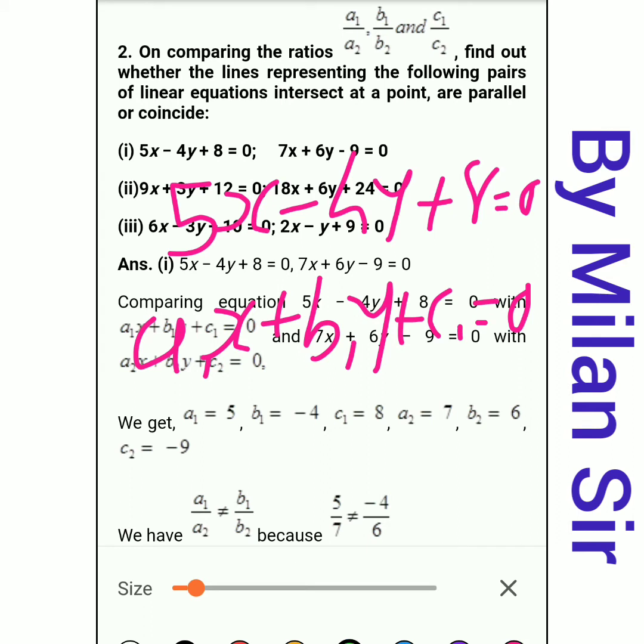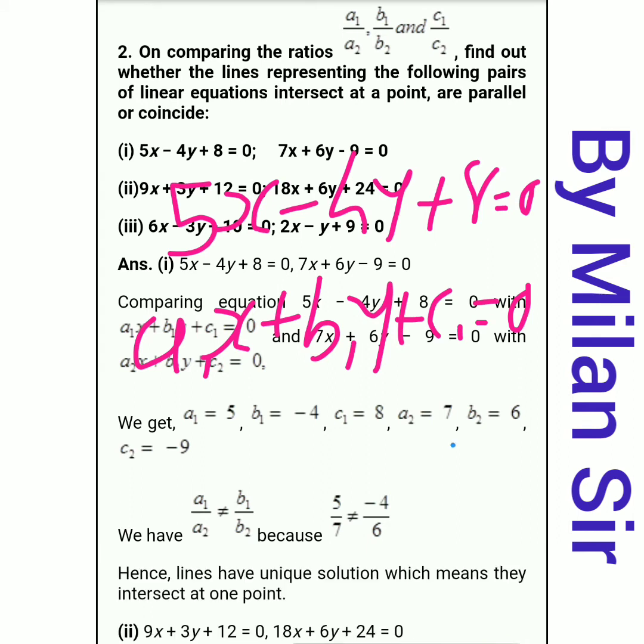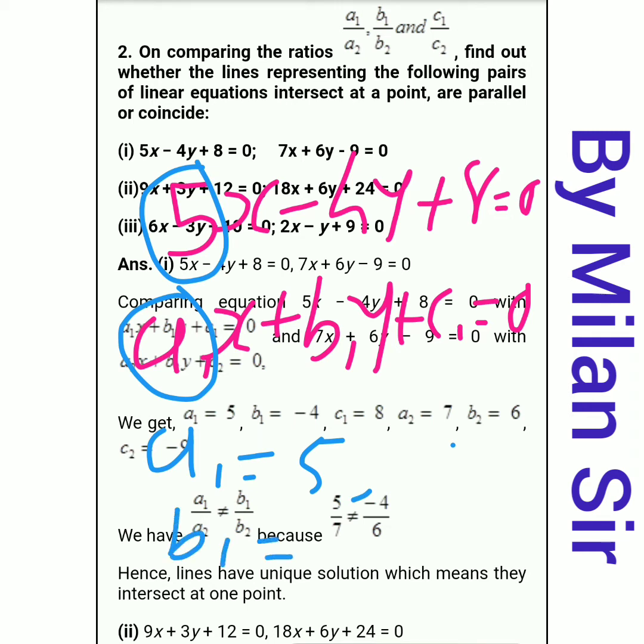Then we can find a1 equals 5, the coefficient of x. Then b1, we need to write with the sign, minus 4y, so b1 equals minus 4.